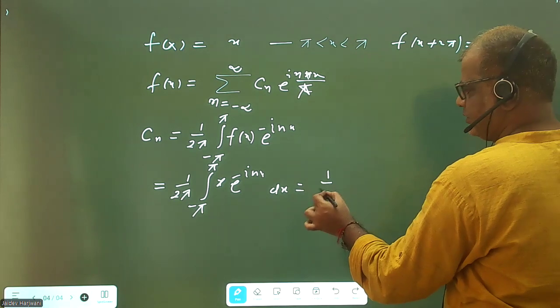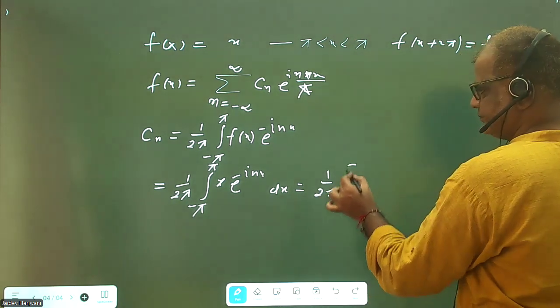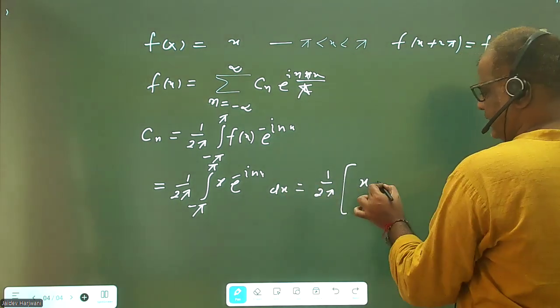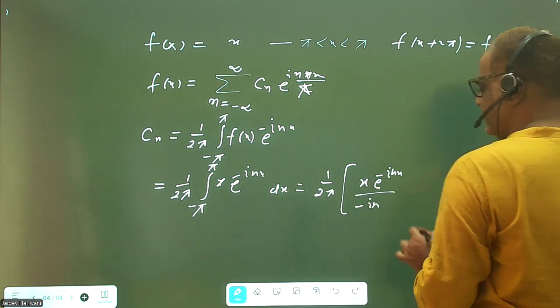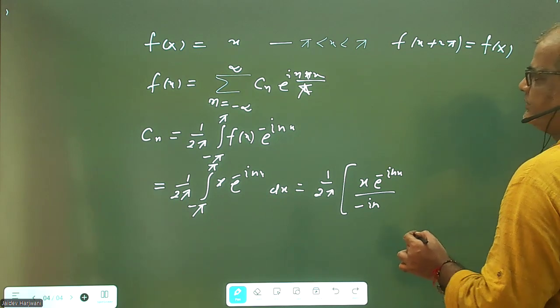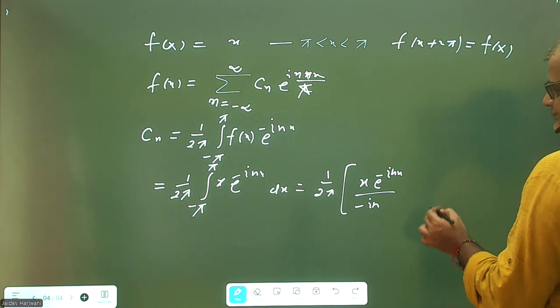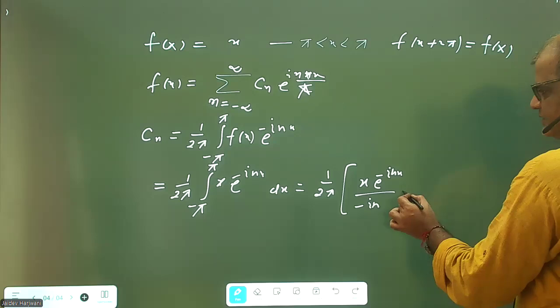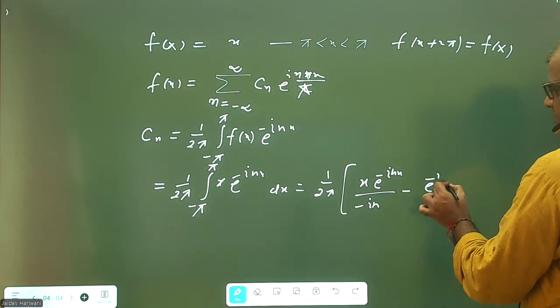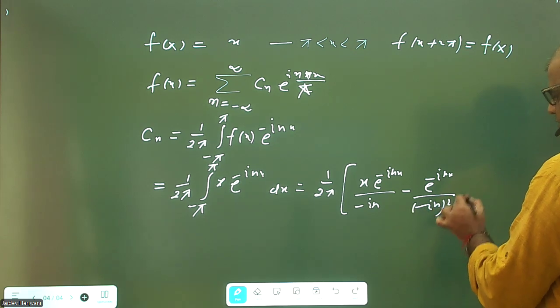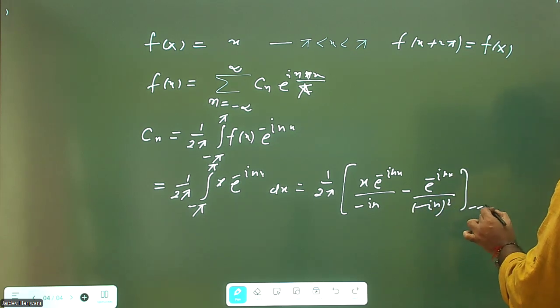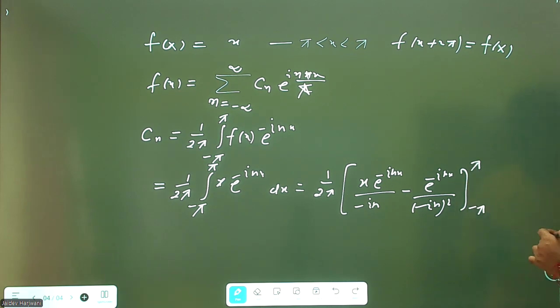So 1 upon 2 pi, x e to the power minus iota nx upon minus iota n, and then minus e to the power minus iota nx integrated twice, upon iota n square, with limits minus pi to pi.